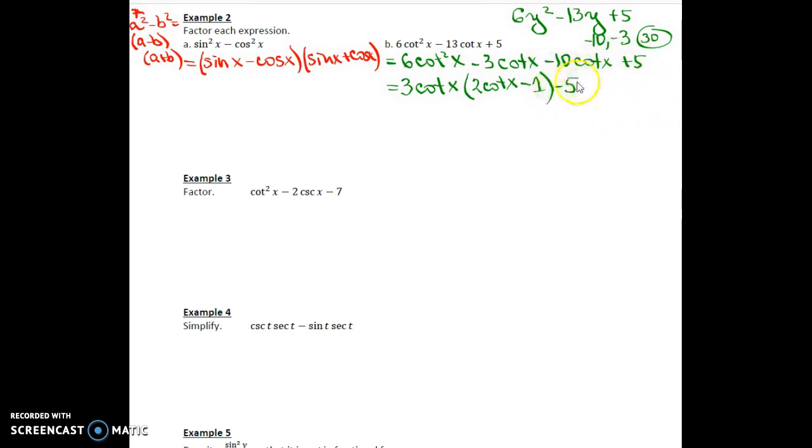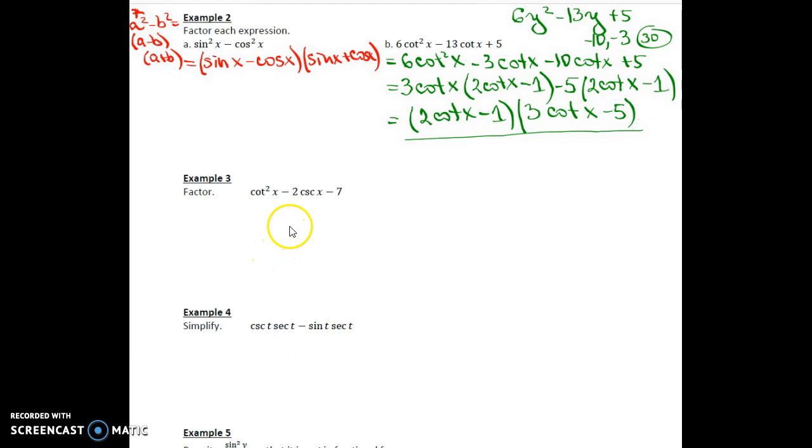If we factor negative 5, then we're left with 2 cotangent of x minus 1. Oh, look at that. We have a common factor again. So then we can factor 2 cotangent of x minus 1, and in the next set of parentheses, we're left with 3 cotangent of x minus 5. And this right here is our factor form.